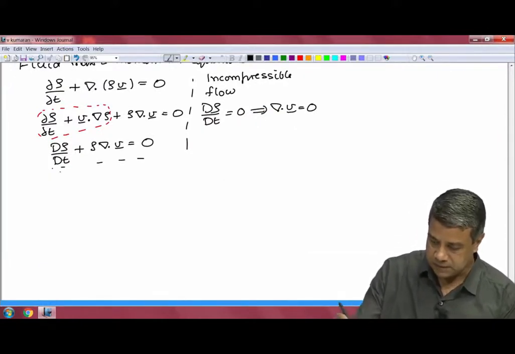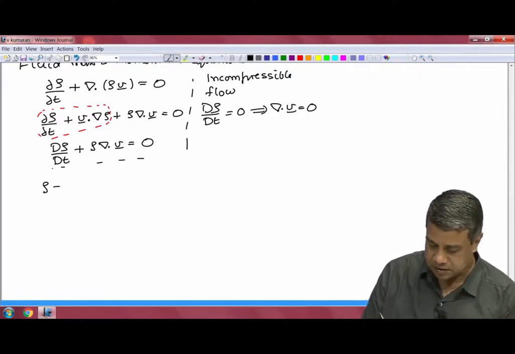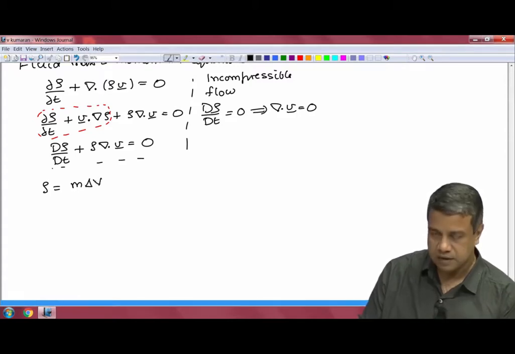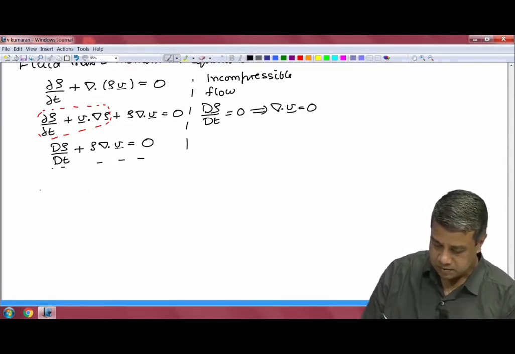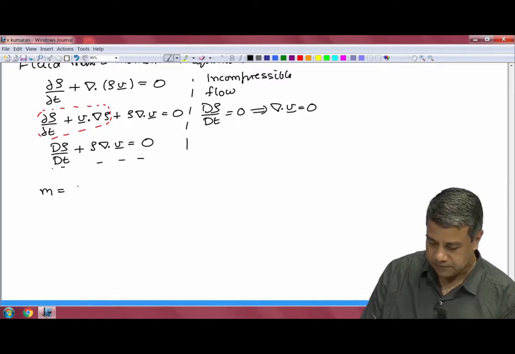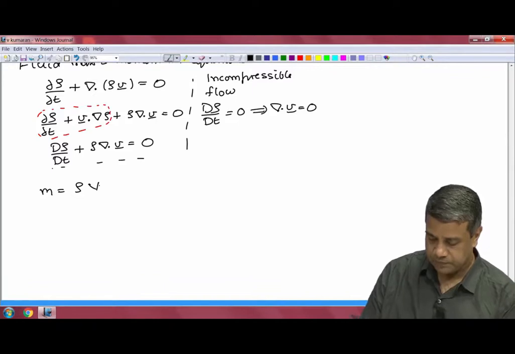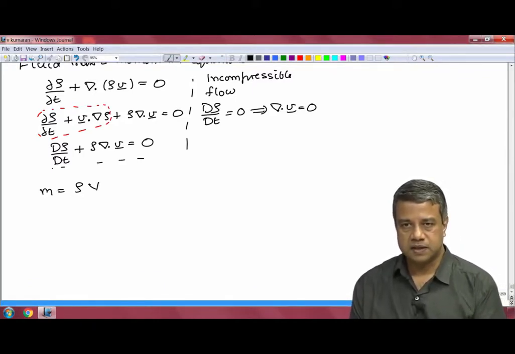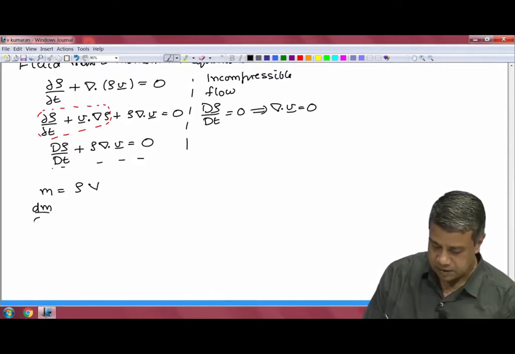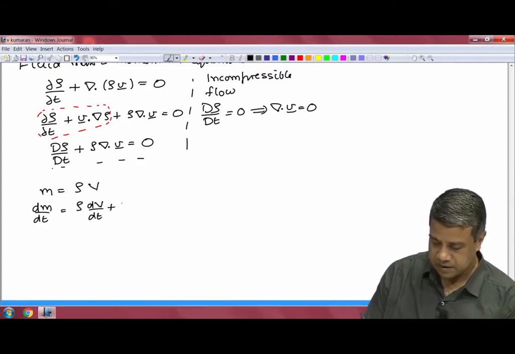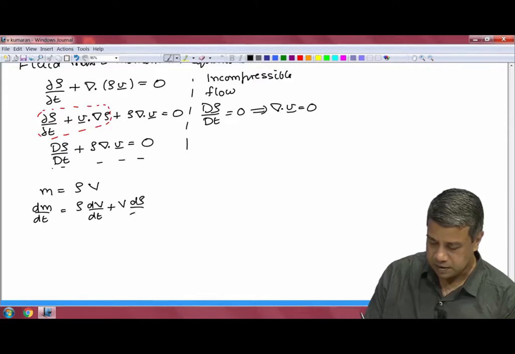You know that the density is equal to the mass divided by the volume of the fluid. I am sorry, I should write it the other way. The mass is equal to the density times the volume, which means that the rate of change of mass within a particular volume, dm by dt, is equal to rho dv by dt plus v d rho by dt.